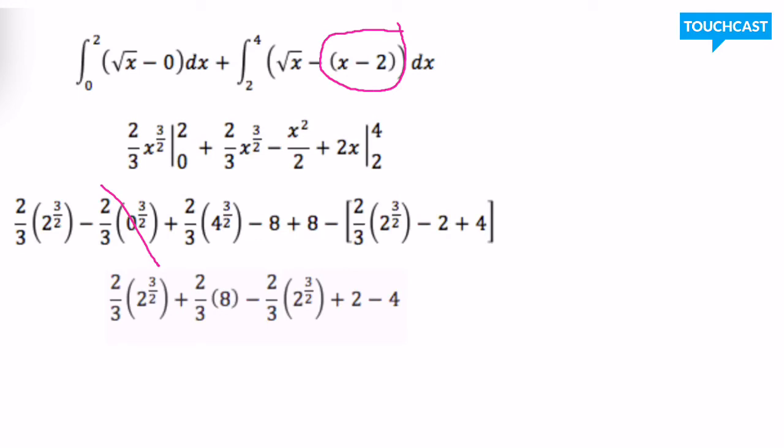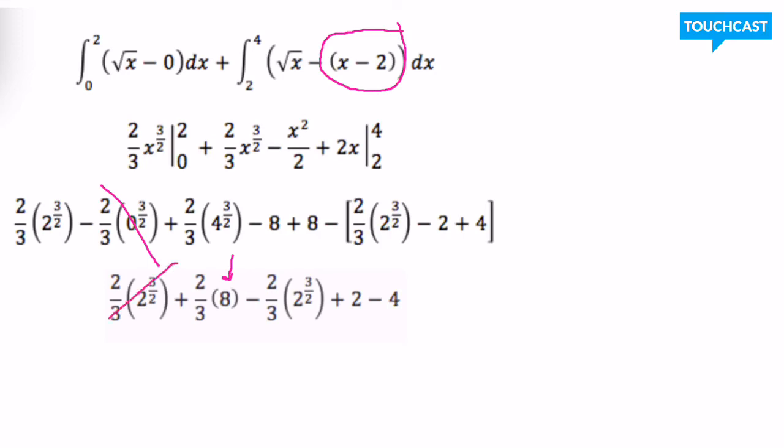So notice here, 4 to the 3/2, that's the same as saying the square root of 4, 2, raised to the third. That's how I get the 8 here. So I'm going to have 2/3 2 to the 3/2 plus 2/3 of 8 minus 2/3 2 to the 3/2 plus 2 minus 4. So that's convenient here.